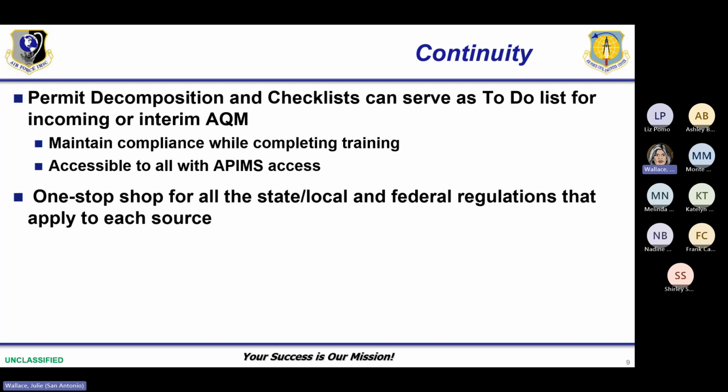If you have all of this configured and all of these reports set up, it makes it a lot easier for the next person to get up to speed, and it minimizes the risk to the Air Force when it comes to compliance if there is some sort of continuity plan. And so APIMS can serve as that to-do list. If you know what inspections you need to do and what frequency, it's going to shorten the learning curve for the next person.